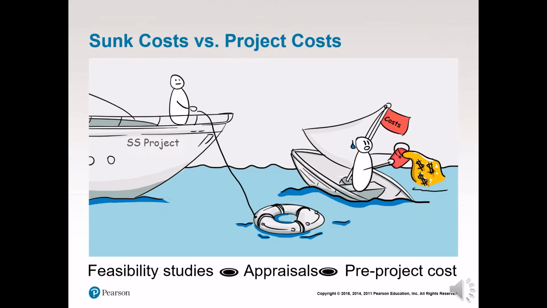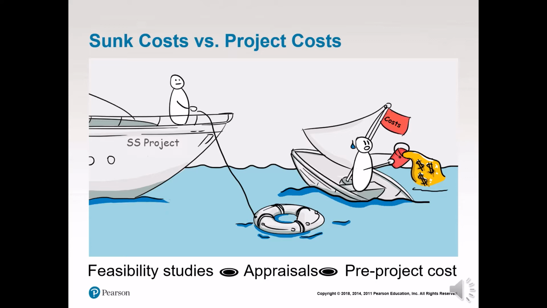Things like if we do a market research study, that cost has already been incurred, and it doesn't matter whether we accept the investment or not, that cost is gone. These costs are not part of the project because they don't affect the project itself, they affected the decision.